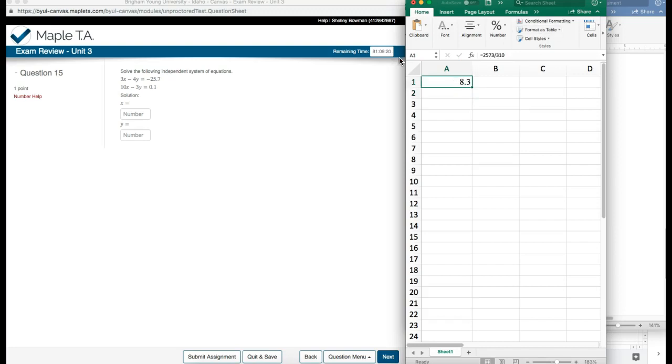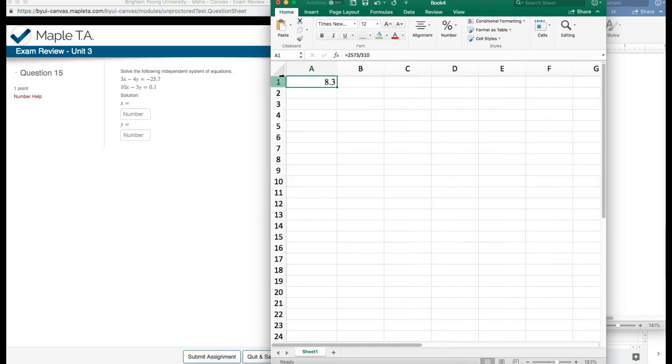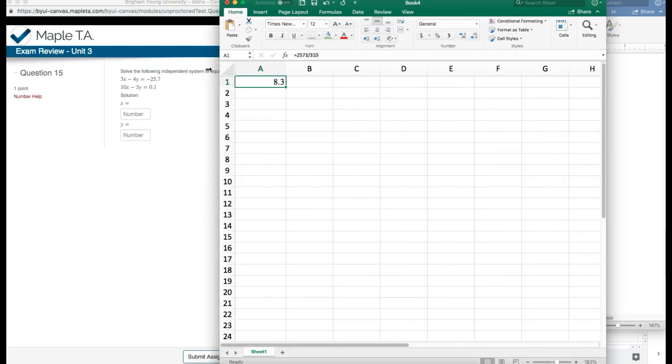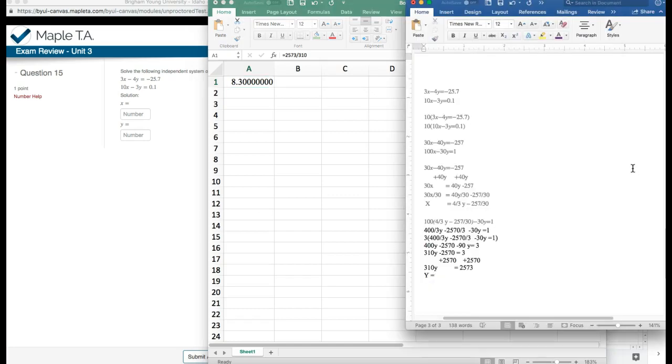And this is rounding out to 1 decimal place. Yep, we did it. So this rounds out to 1 decimal place of 8.3.